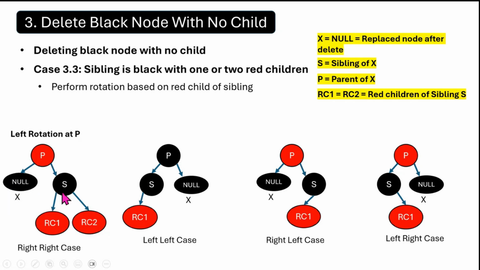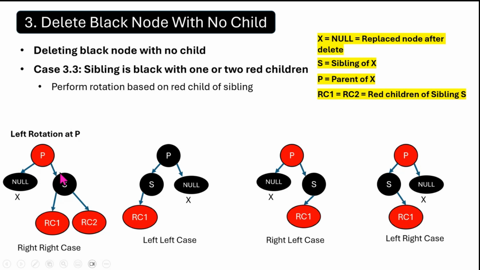So we need to balance it out. We can balance it out by rotation only, because we need to bring some node here so that we can balance the black height. Because on this side there are no nodes, so we cannot do anything. We can't do recoloring or anything. So that's why we need to bring some node here so that we can apply recoloring if required to fix the black height, right? So let's perform a rotation.